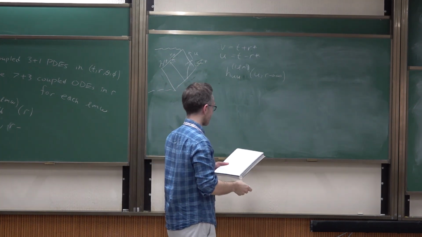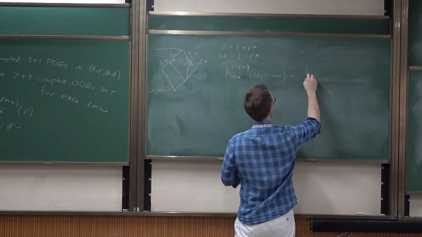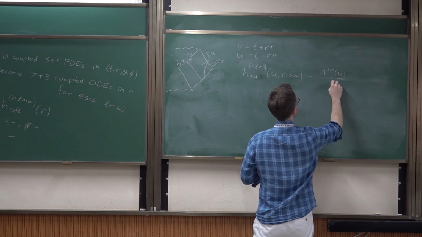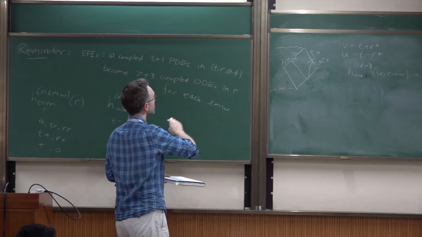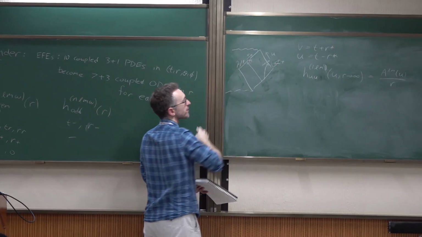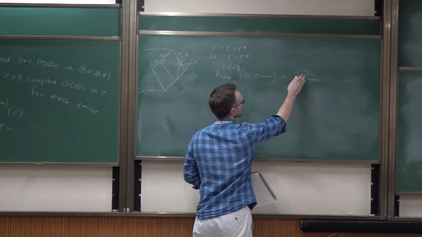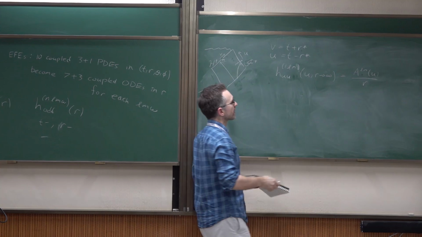And for this to be describing an outgoing wave, what I want is that this is some function of retarded time divided by r. So this is a nice, well-behaved field at scri plus. If it's really a wavy field, then this capital A is oscillating as a function of retarded time.